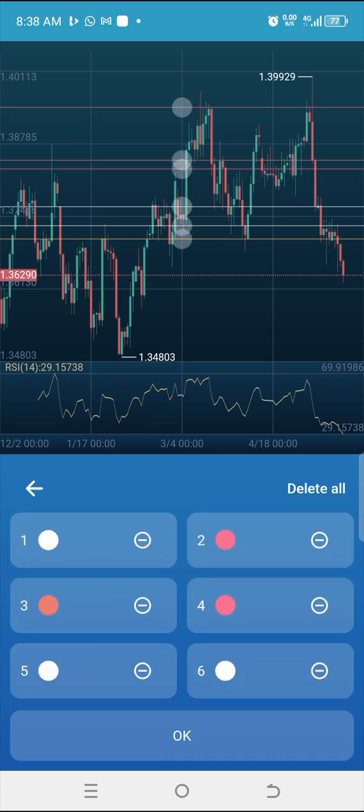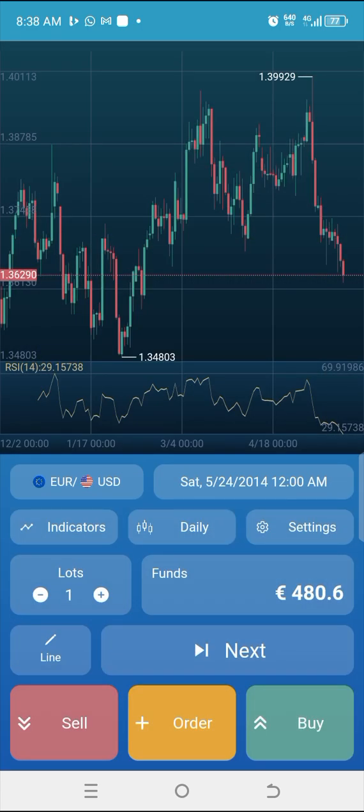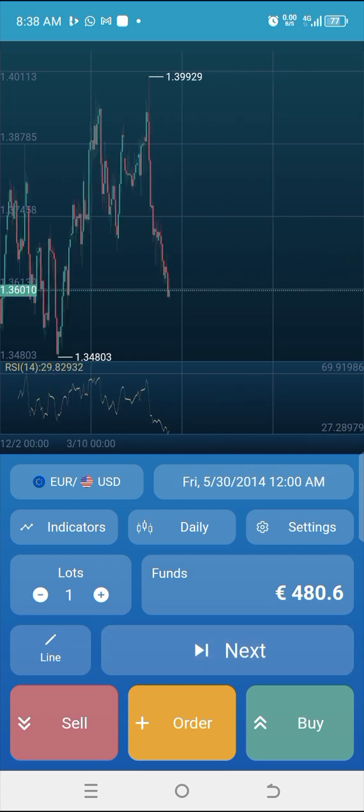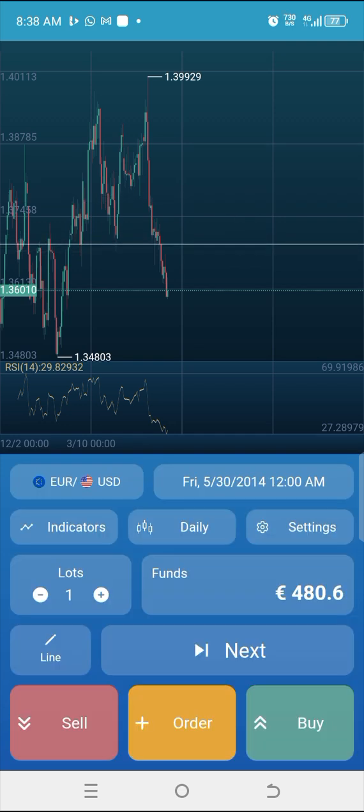Let me eliminate the lines. Okay. Do you remember we had this as our low? I'm looking for another area to trade, and we have gotten one.